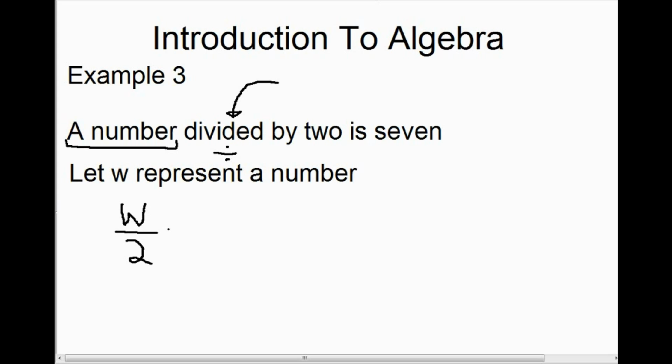So we have W over 2 translates to equals, and then 7, the number 7. So now we've translated this English sentence into a math sentence using a variable for the piece of information that changes.